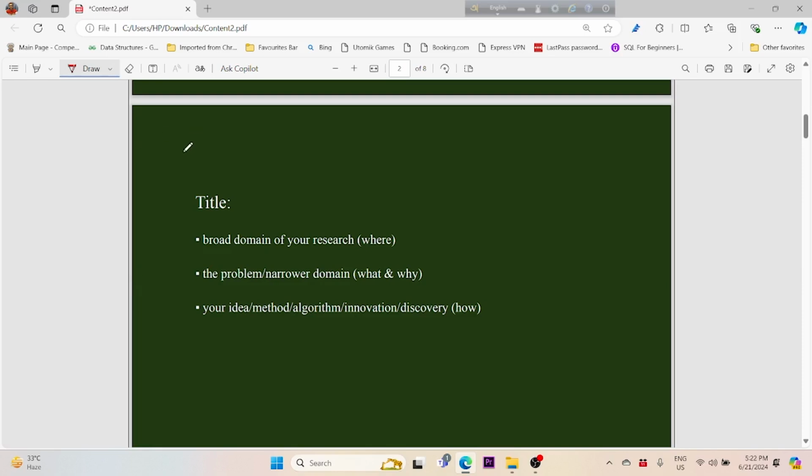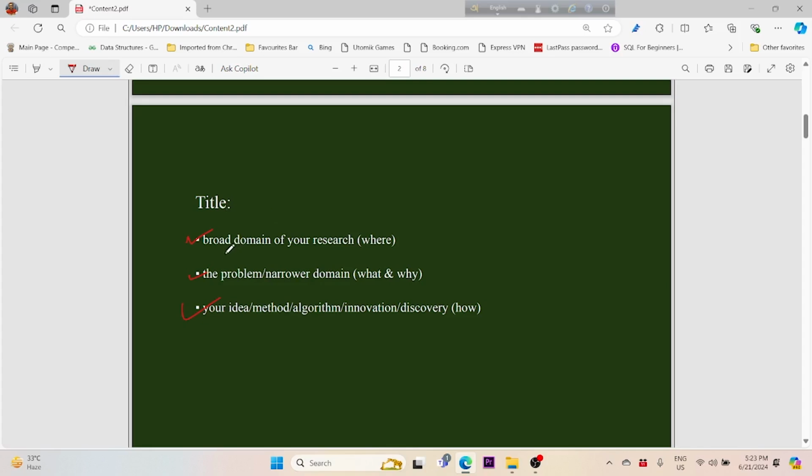A title should address the broader domain of your research, the problem, narrower domain, or your idea, the method you are proposing, the algorithm you are working, the innovation you have made, the discovery you have found. All these things should be considered in the title section.